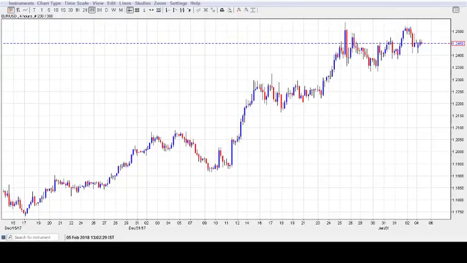Again, we will start plotting the waves from the 2017 rally, specifically July 2017. We are beginning from the daily chart.